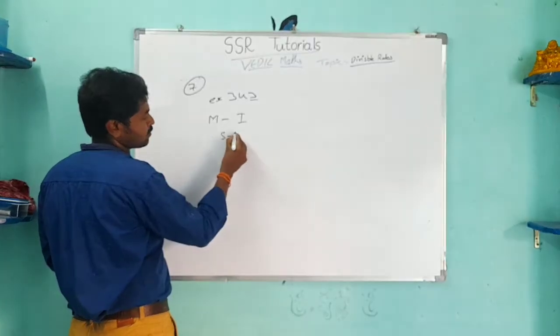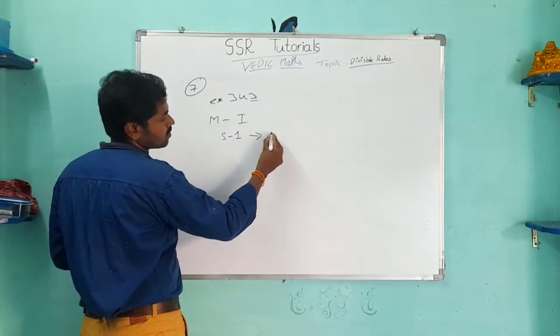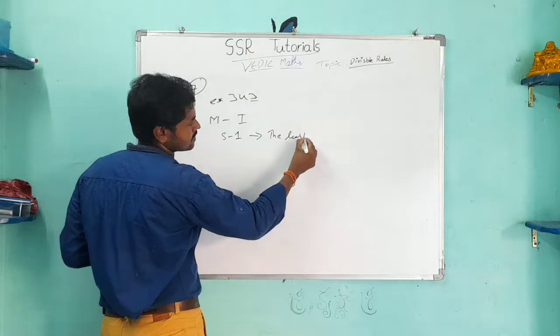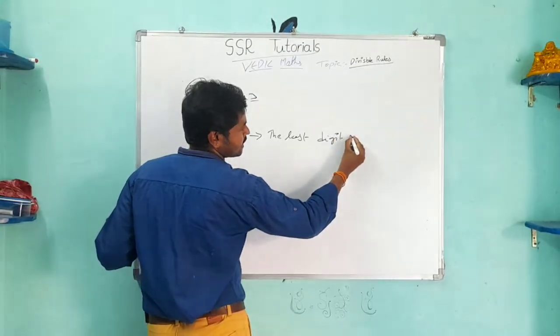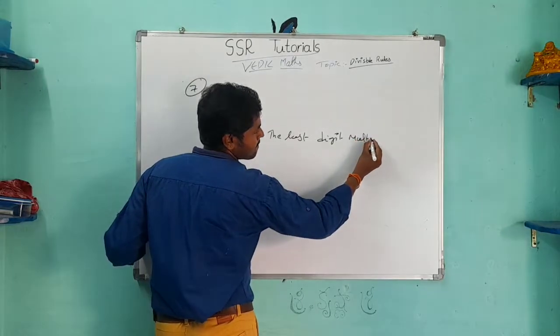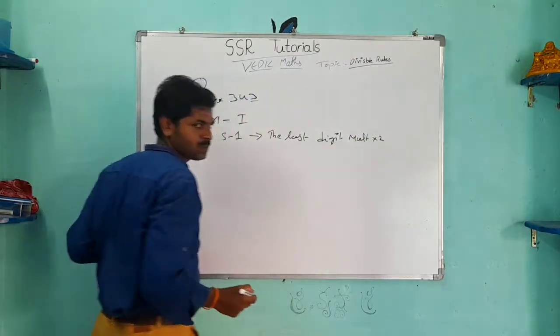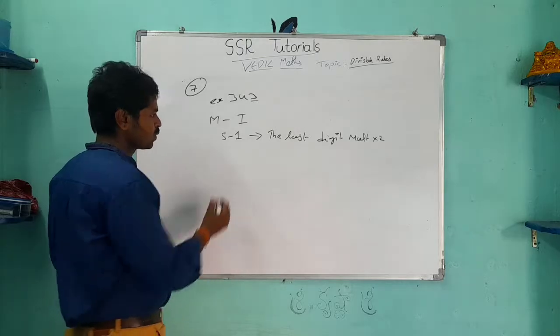First, step 1: the last digit is multiplied with 2.